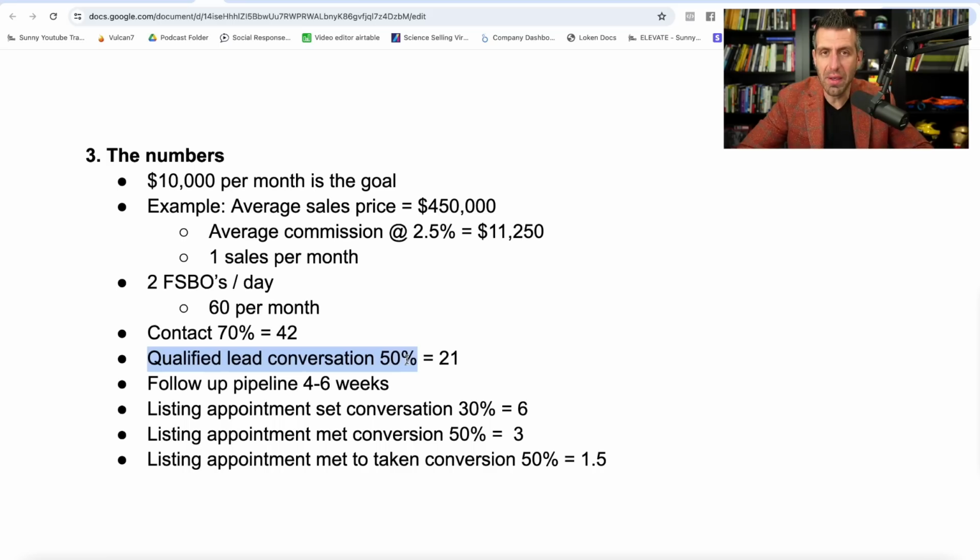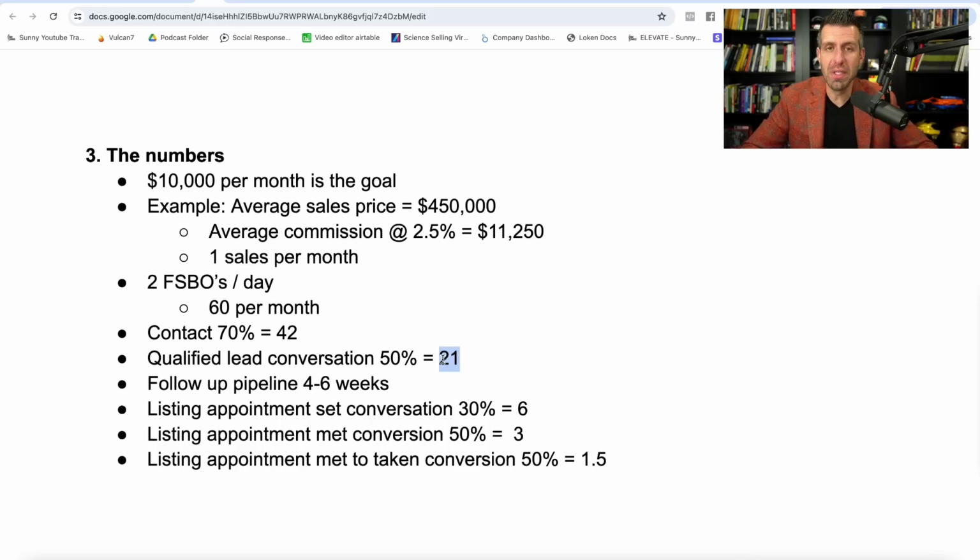What you are going to find is about 50% of the for sale by owners say, no, listen, if we can't sell on our own, then yeah, we'd be open to that. I don't know if that'll be the case. I can't make any promises, but sure, we'd be open to that. The other 50% either say no, or they have somebody else that they would end up doing business with. So of the 42 who you actually talk to, 21 should go into your follow-up pipeline.